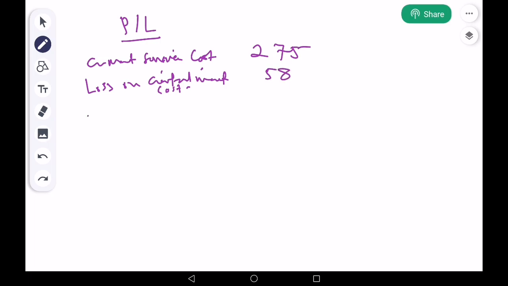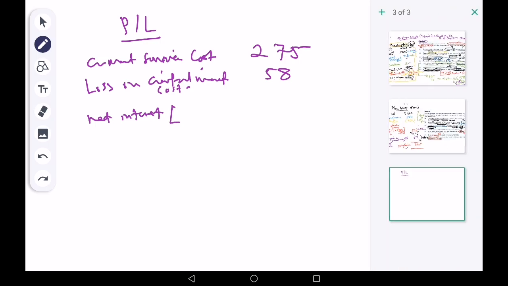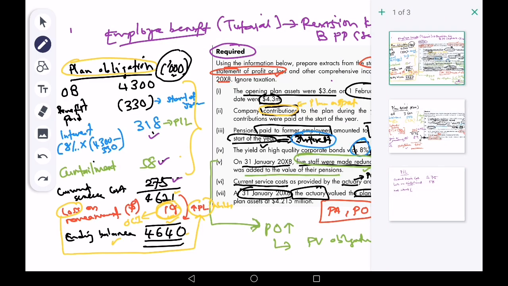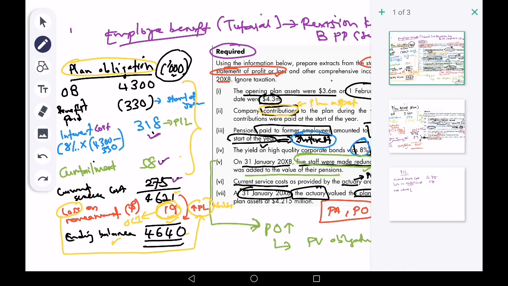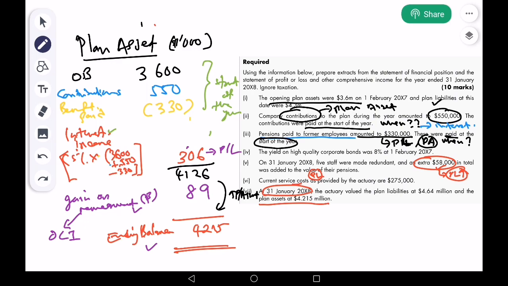And next we'll know your net interest. Come, we calculate. You can see interest cost will be 318 and interest income will be 306.